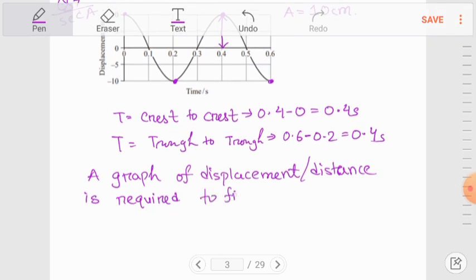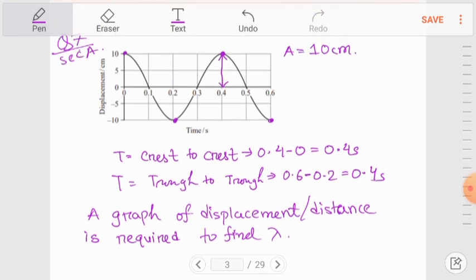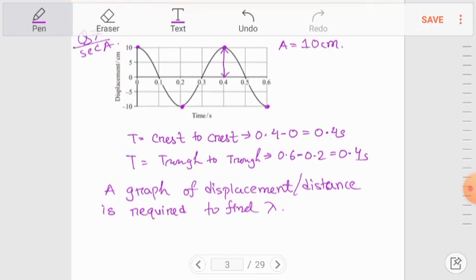A displacement against time graph never provides the value for wavelength, and this is exactly what this graph is showing. This kind of graph will give you frequency, amplitude and time period, but not wavelength. So we cannot say if the wavelength is actually 0.4 or not, because it's not provided in the graph. So options C, D and A are not the correct answer.